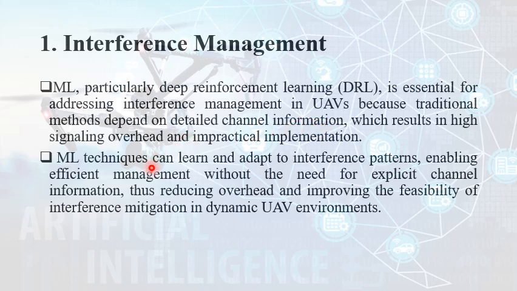Okay, ML techniques can learn and adapt to interference patterns, enabling efficient management without the need for explicit channel information. This is very critical. Without the need for explicit channel information, thus reducing overhead and improving the feasibility of interference mitigation in dynamic UAV environments.